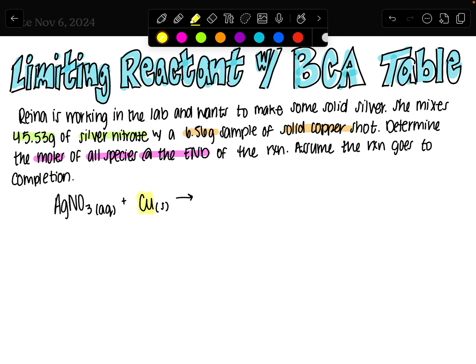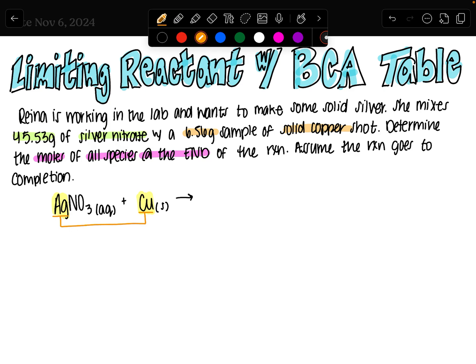Our elemental metal copper wants to replace the silver in solution, so we look at the activity series to see if these two things are going to swap places. It would be wild if the answer was no, because then this video would essentially be over and it would not have accomplished the goal of teaching you how to do limiting reactions with the BCA table. So you should realize that yes, this is going to switch.